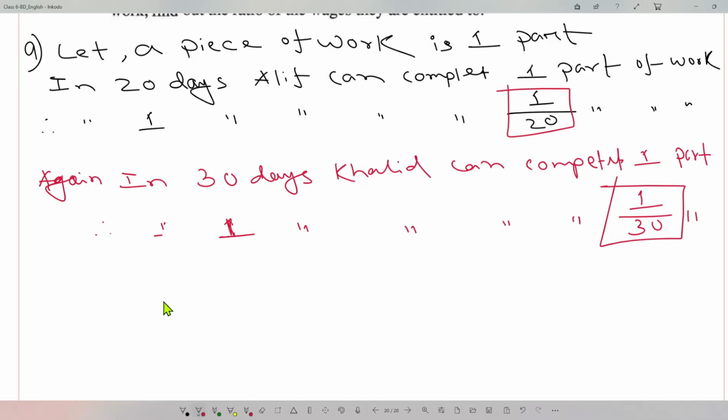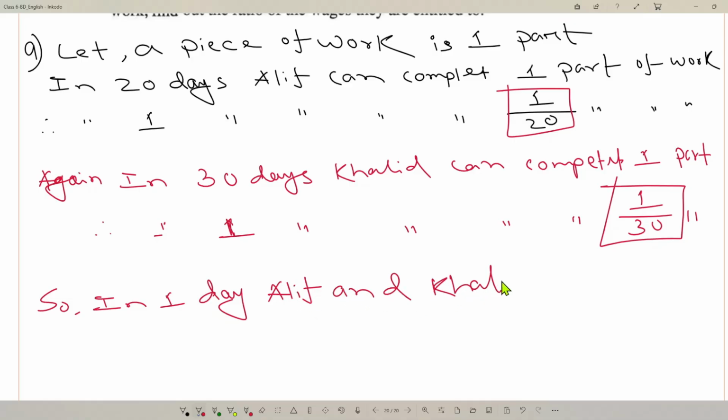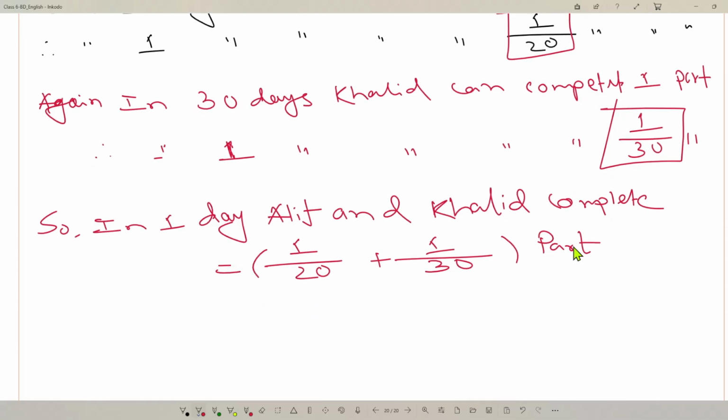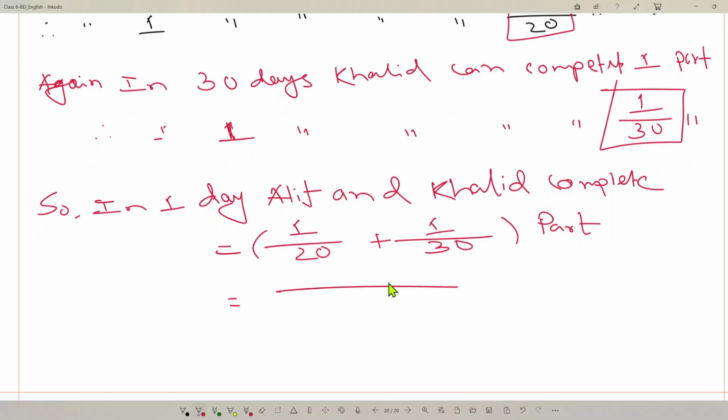So together, in one day Alif and Khalid complete 1/20 plus 1/30 part. Okay, so what will be the result? We can make LCM. LCM should be 60. So 60 divided by 20, it will be 3.